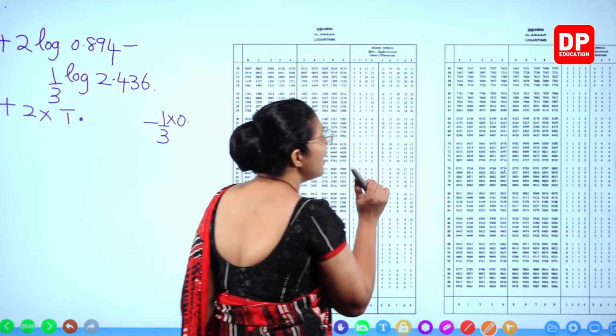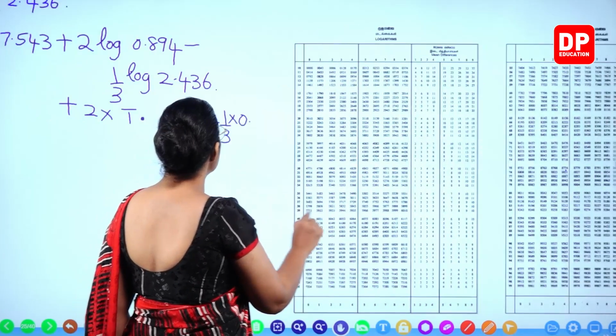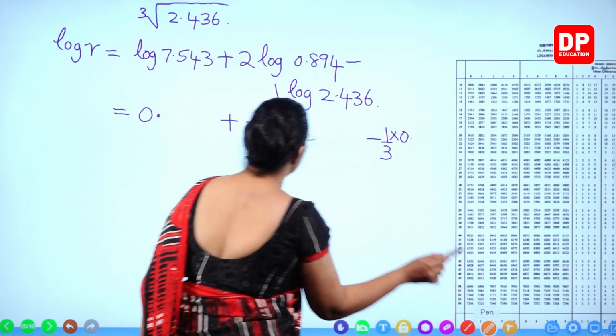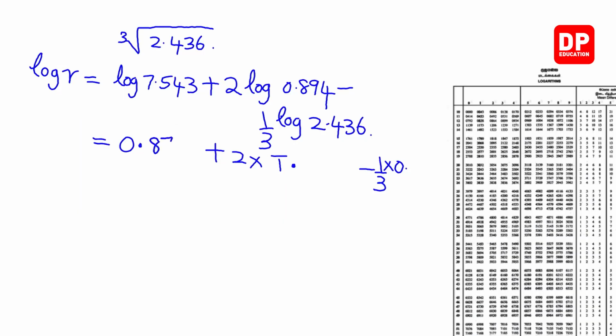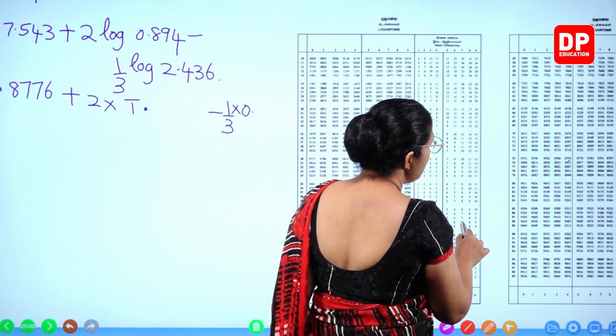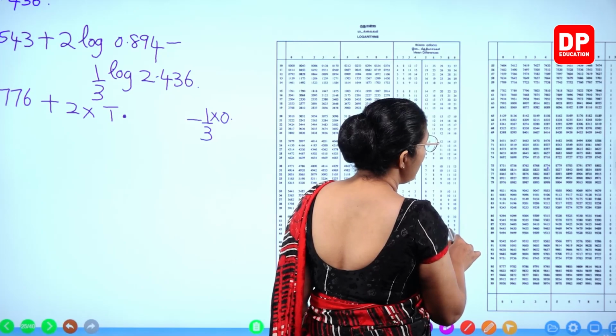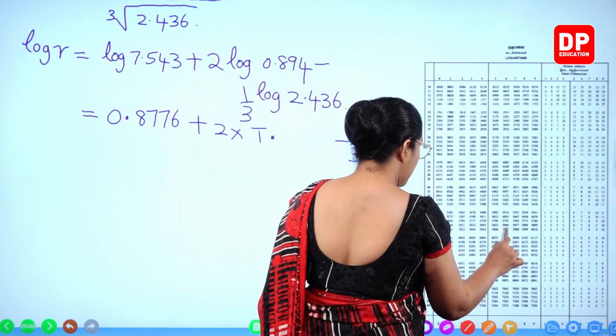Add 2, 8, 7, 7, 6. Next one, 89, 4. You get 9513.